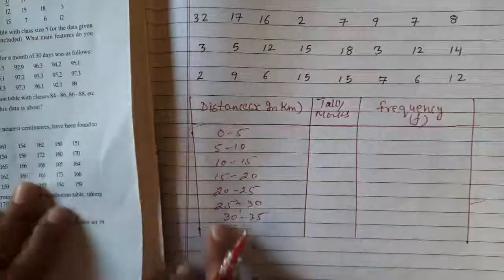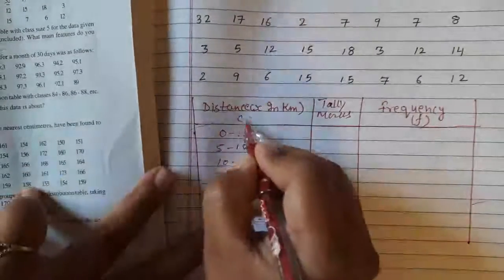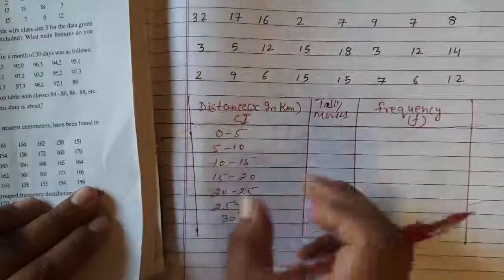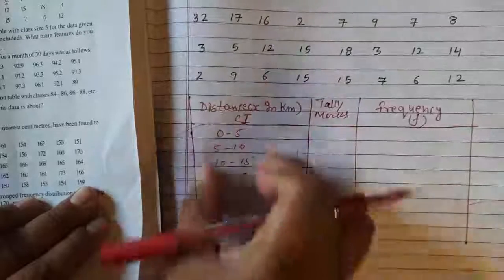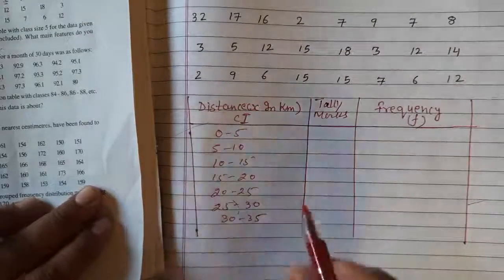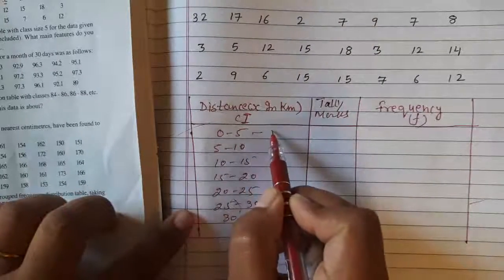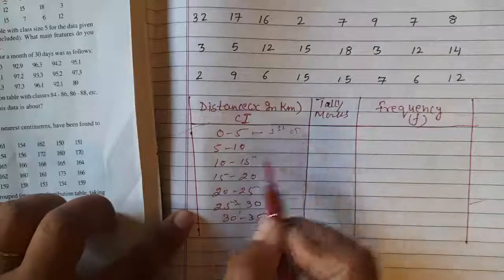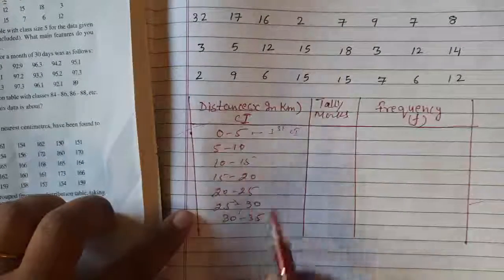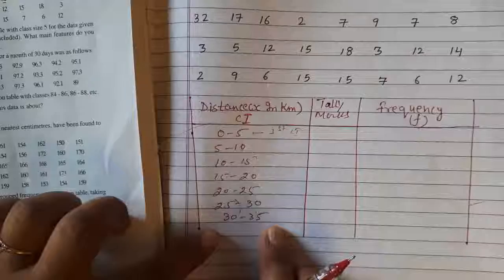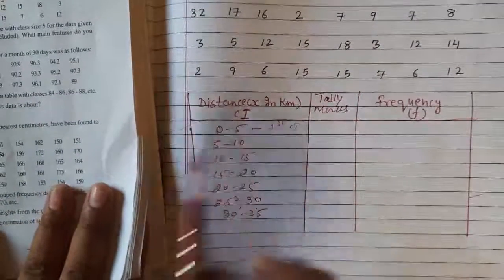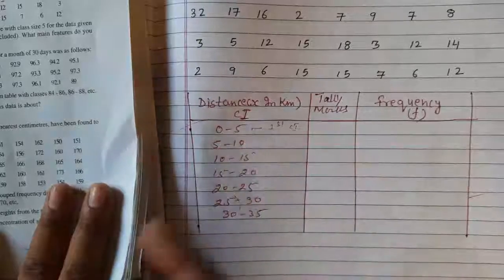These are our class intervals, meaning these groups are called class intervals. Counting them: 1, 2, 3, 4, 5, 6, 7. So there are 7, and this is the seventh class interval. Now let us move to the class size, class width.